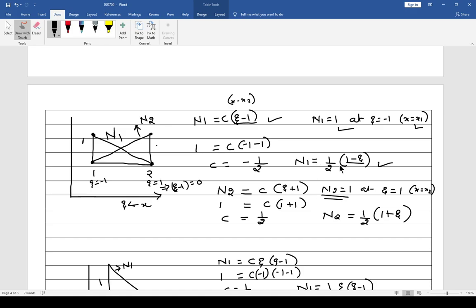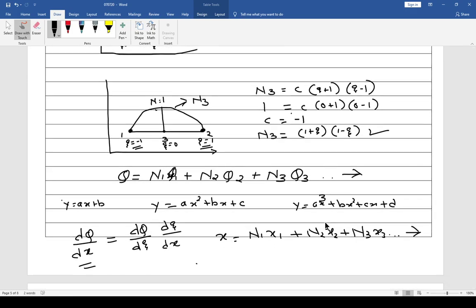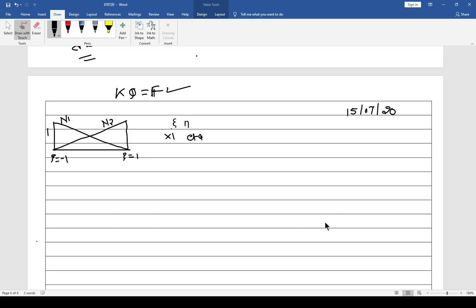Okay, so this is my n1 and this is my n2. So I just write down this. So my n1 is (1 minus xi) by 2, and n2 is (1 plus xi) by 2.